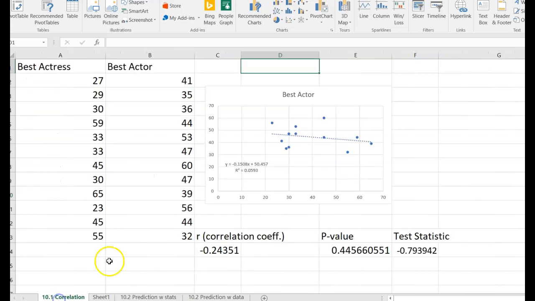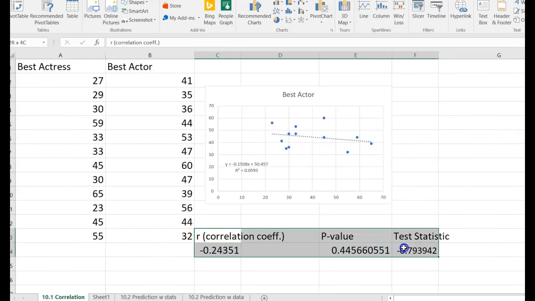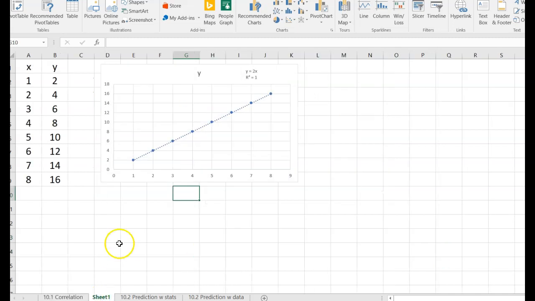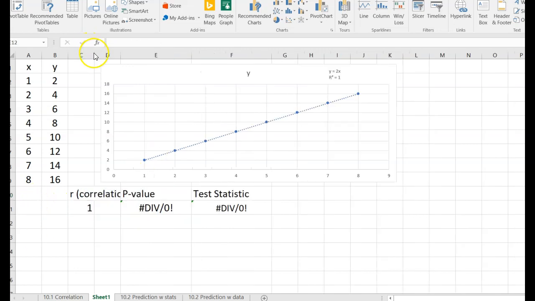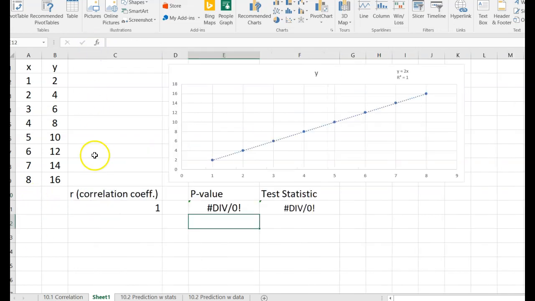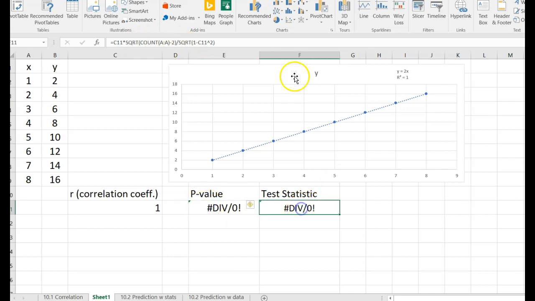Now I'm going to grab this stuff from here, Control C, and I'm just going to come over to this other sheet. This sheet won't be on yours, but let me move this over so you can actually see it. That says correlation right there. These are going to be 0 because the correlation is 1, and the p-value calls on F11, which is the test statistic.